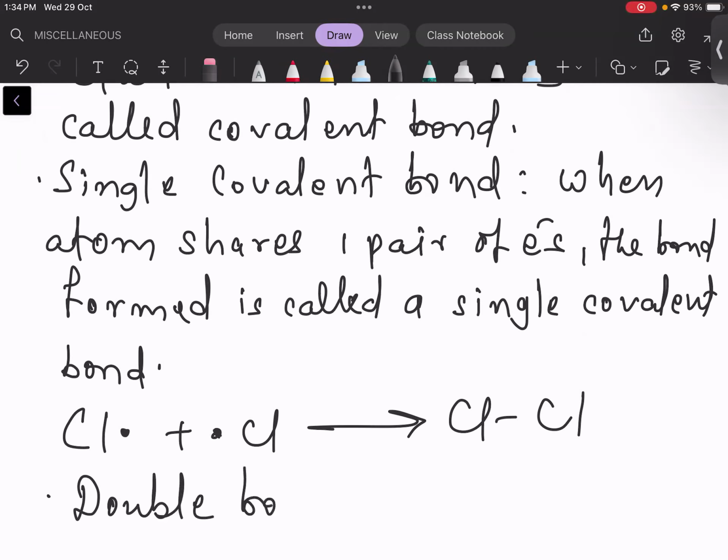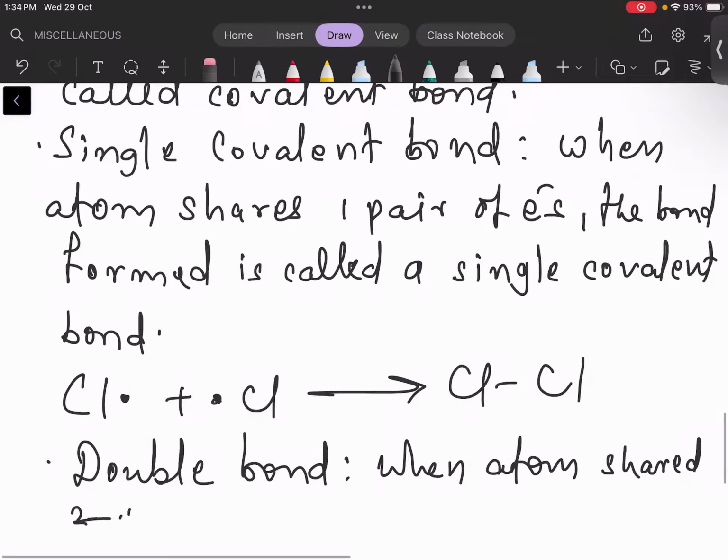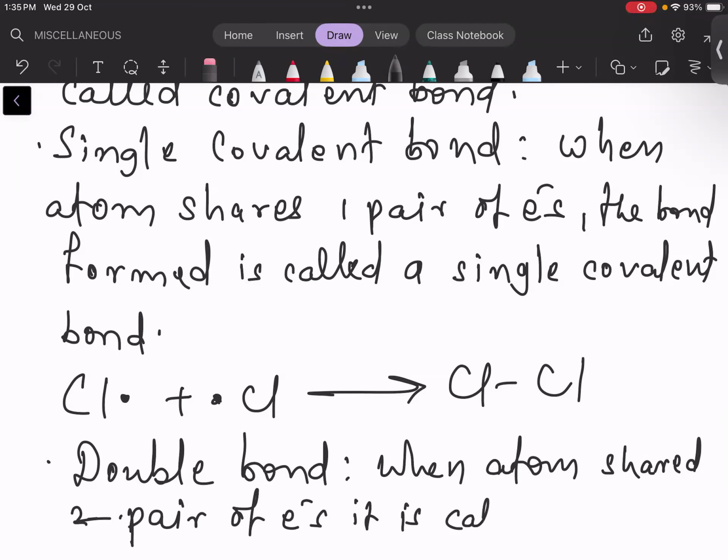When atoms share two pairs of electrons, it is called a double bond.